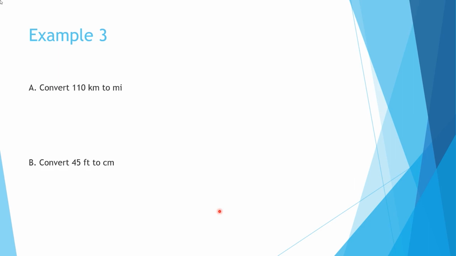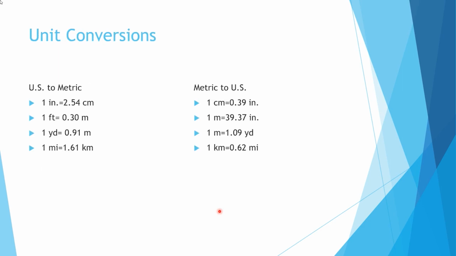All right, so if I go back, I'm taking kilometers and I'm converting that to miles. So I can just use this right here. I know that 1 kilometer is equal to 0.62 miles.